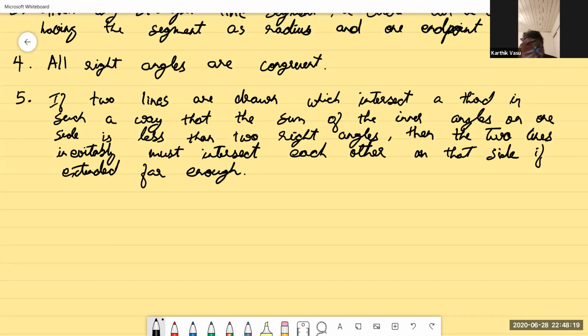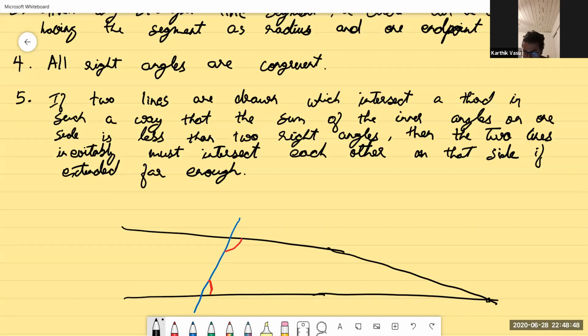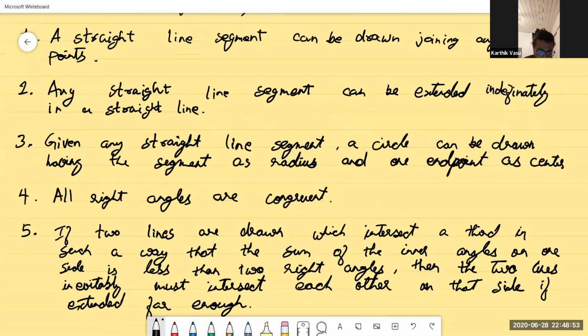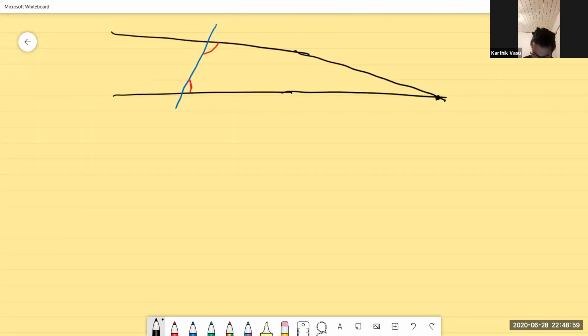The fifth postulate is: if you have two lines which intersect a third line like this, suppose you have two lines, then you have a third line, and if it so happens that these two angles together sum up to less than two right angles, then this postulate says these two lines extended far enough on this side meet at some point. So these were the 5 postulates Euclid gave more than 2000 years ago.